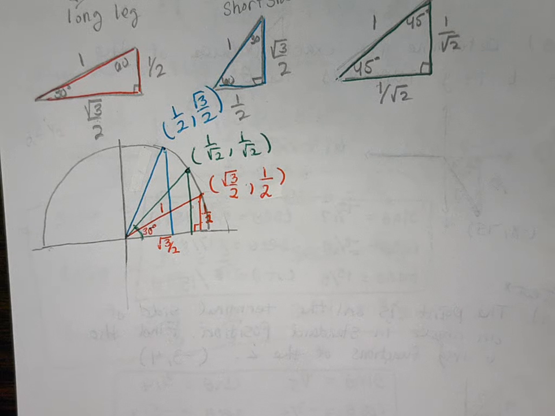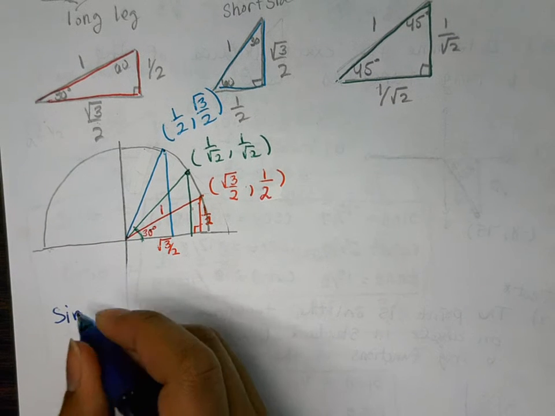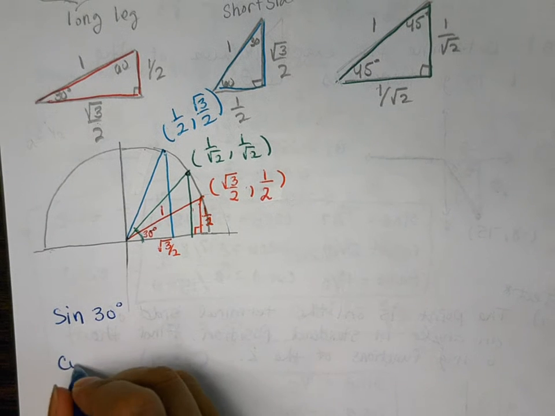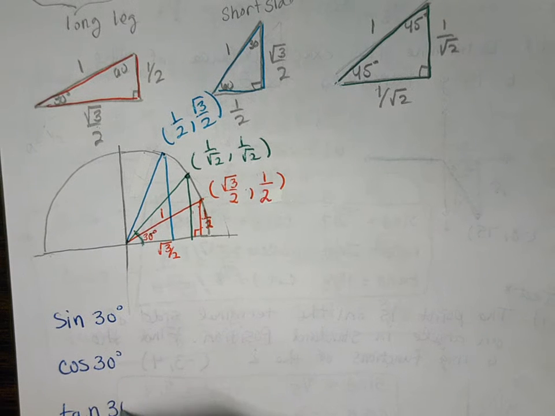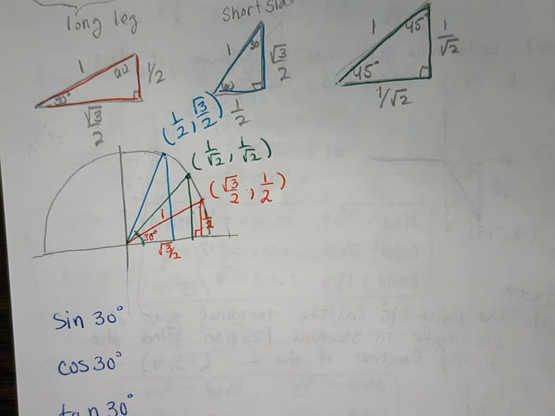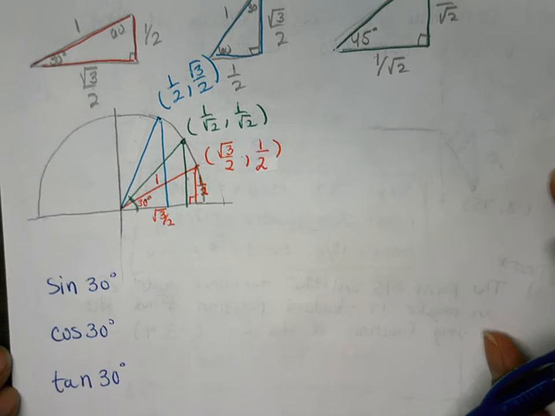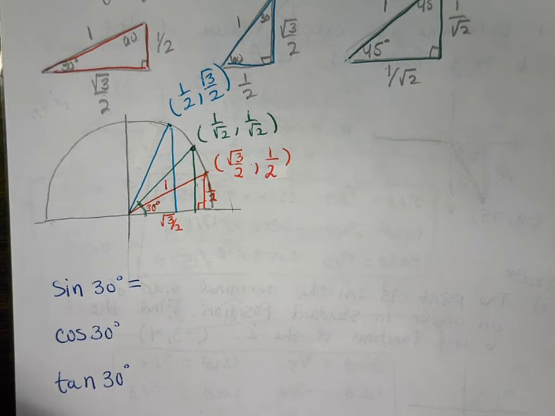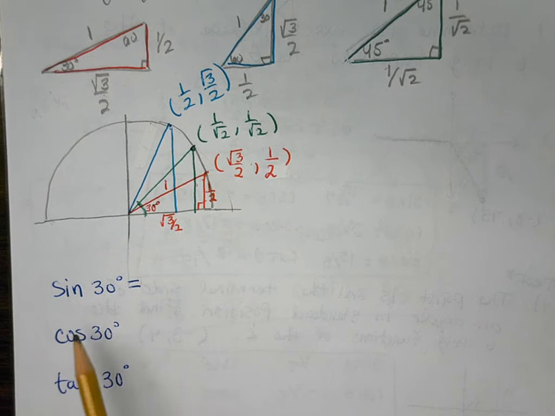We are going to find sine of 30, cosine of 30, and tangent of 30. All right, remembering from years past and what we've been doing these last few days, sine is what over hypotenuse?